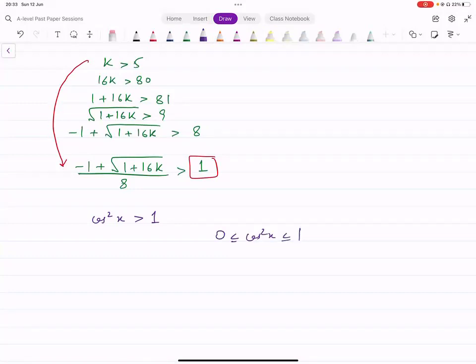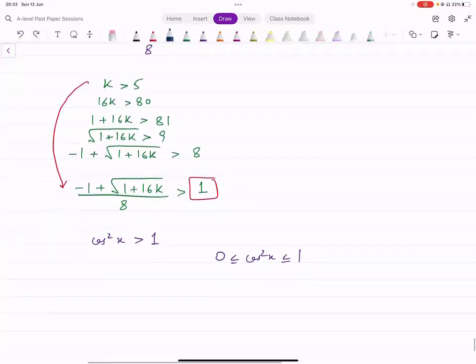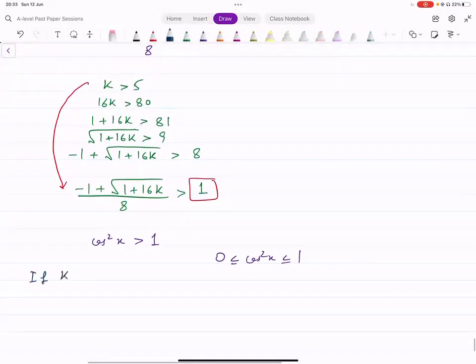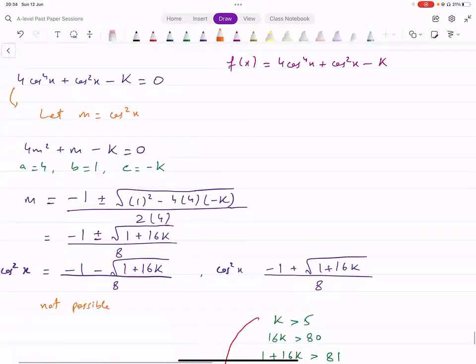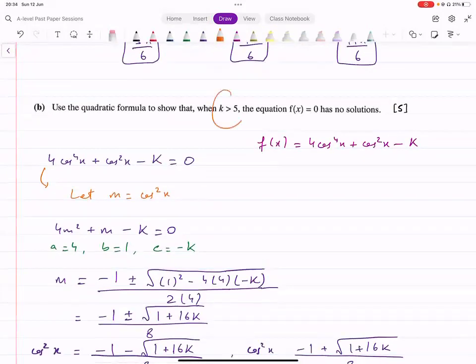It can't have any value outside this range. If cos square is greater than 1, that means there's no value of x that's going to satisfy this. Okay, so what do we say here? We say if k is greater than 5, that gives us cos square of x greater than 1, and this is not possible. Since this is not possible, we are not going to have any solution here. All right, and that's what you have to prove here. We had to show that this has no solutions if k is greater than 5.